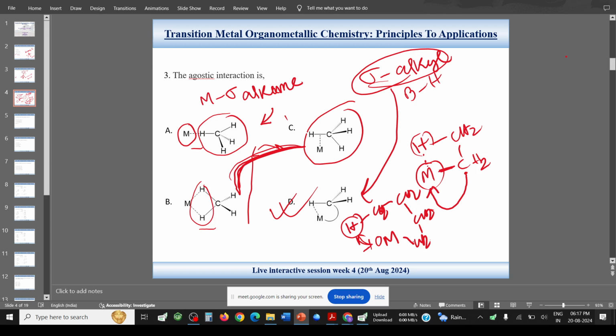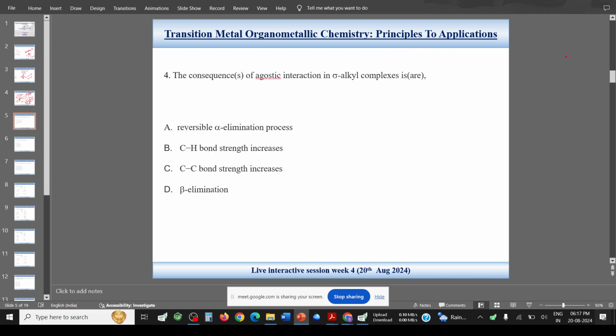So option D will be the correct answer. Then question 4 is, the consequence of agostic interaction in sigma alkyl complexes is or are.